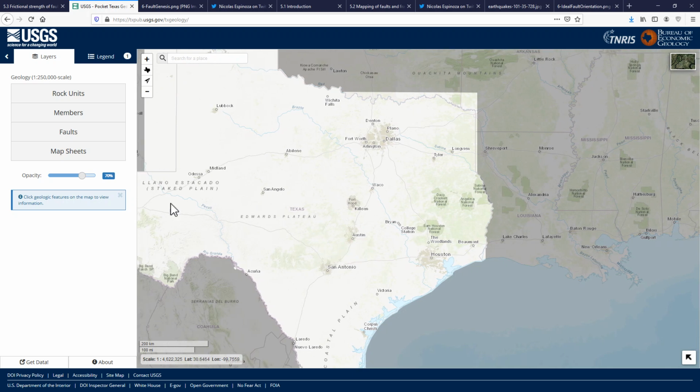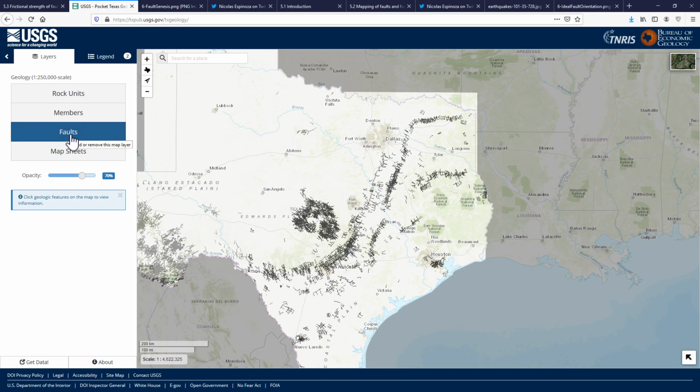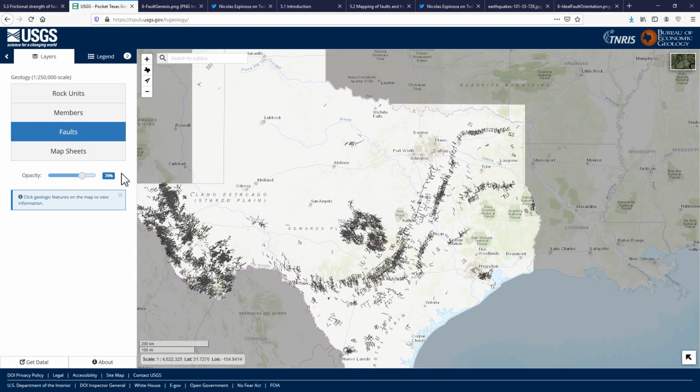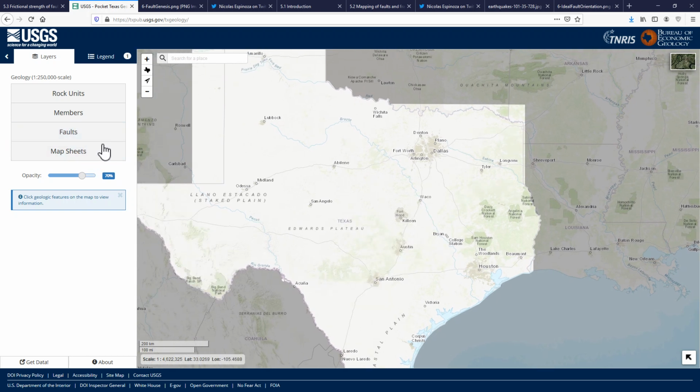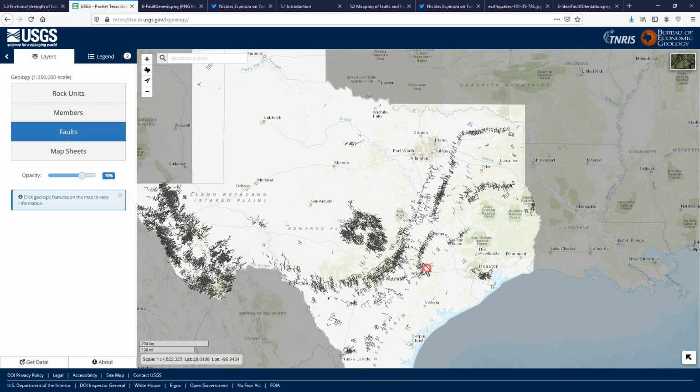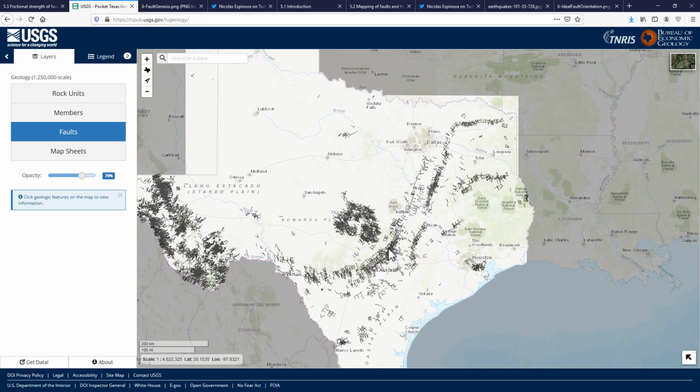The largest scale will be the tectonic plates, but if you look inside tectonic plates, we can also see faults, like all these faults that I just visualized here on the surface of the state of Texas. And not to mention the faults that we have in the subsurface that we are not seeing here.